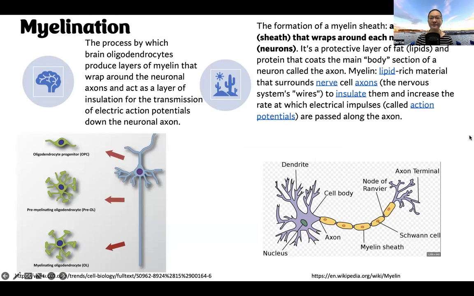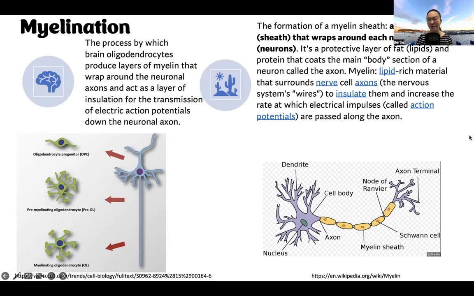The formation of a myelin sheath, a sleeve or sheath that wraps around each nerve cell, neurons. It's a protective layer of fat or lipids and protein that coats the main body section of a neuron called the axon.